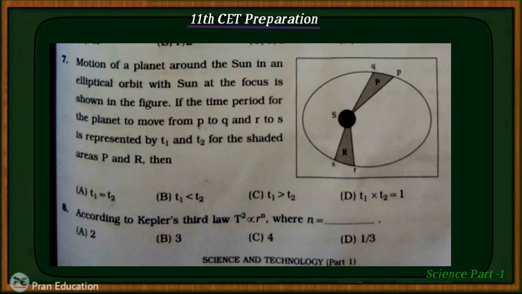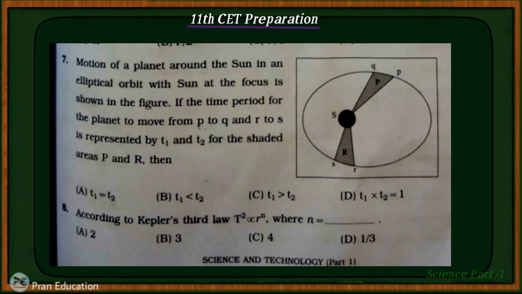If the time period for the planet to move from P to Q and R to S is represented by T1 and T2 for the shaded areas P and R, then options: A, T1 is equal to T2; B, T1 is less than T2; C, T1 is greater than T2; and D, T1 into T2 is equal to 1. The correct option is option A, T1 is equal to T2.